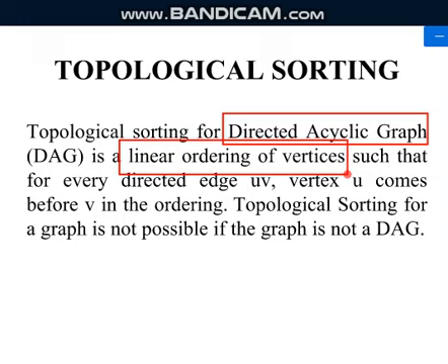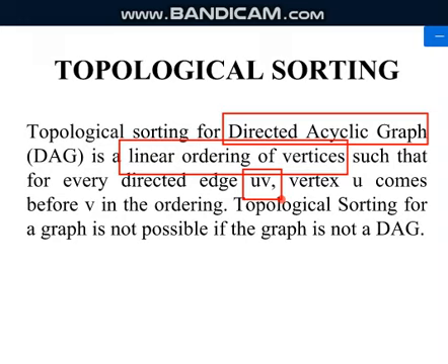For example, you have an edge UV. That means you have an edge from U to V. It is a directed graph, isn't it? So it is from U to V. In that situation, U has to come first and V has to come next to U. That is what we call sorting.